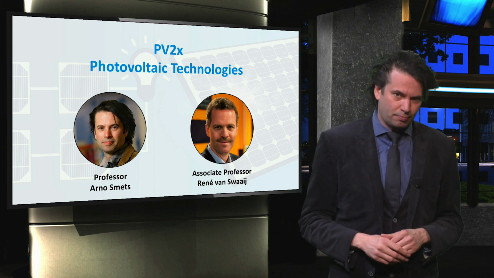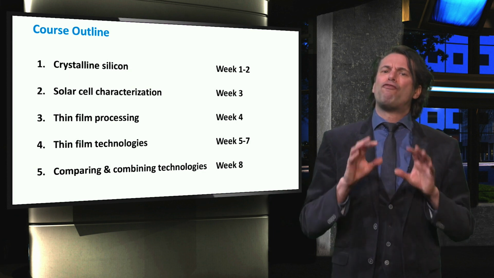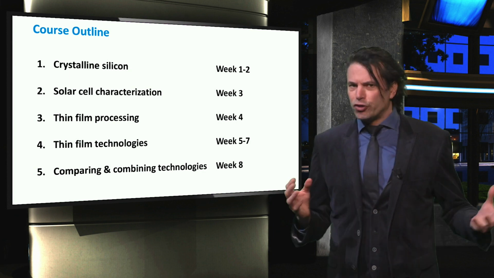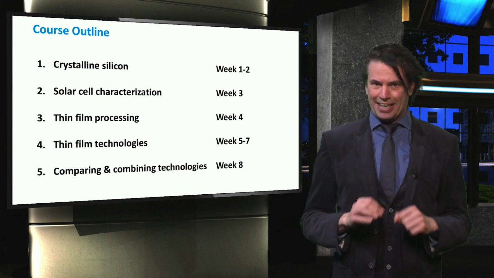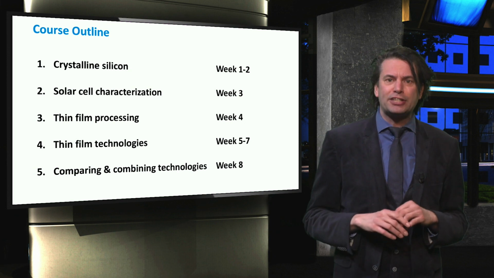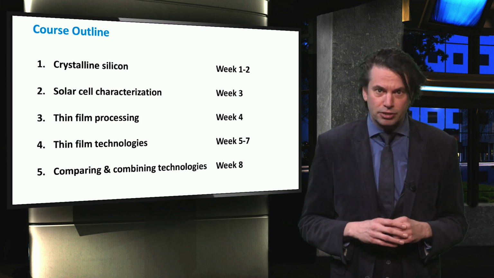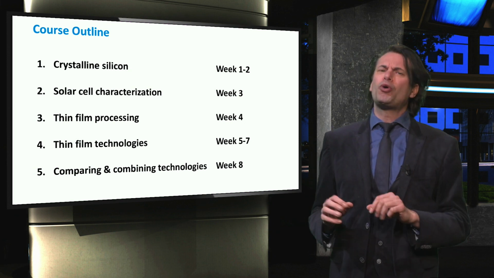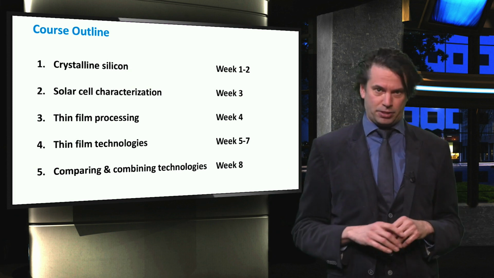The course Photovoltaic Technologies is split into 5 parts. After a short introduction, the first 2 weeks will be about crystalline silicon. In week 3, we will discuss the most important techniques used to characterize the performance of solar cells. Then in week 4, we will look into the processing techniques used for thin films.